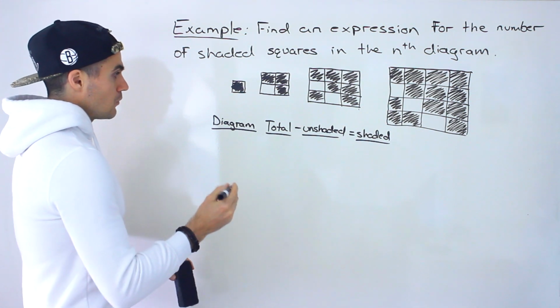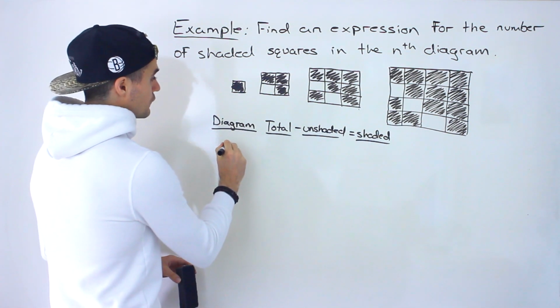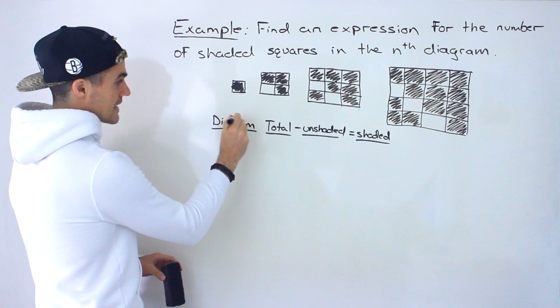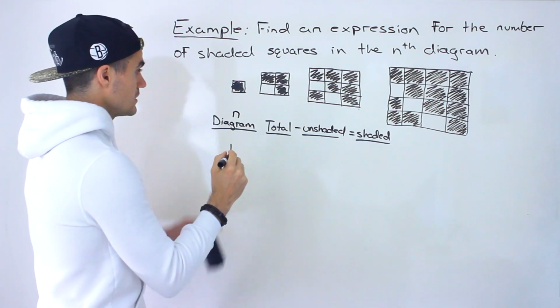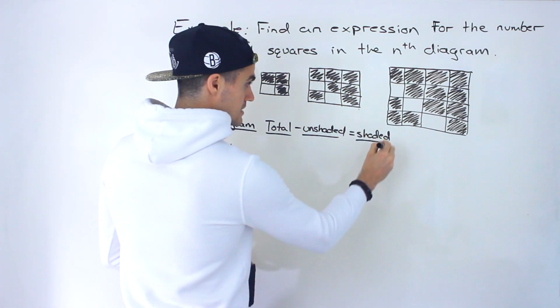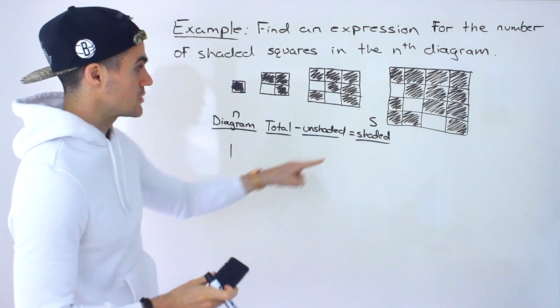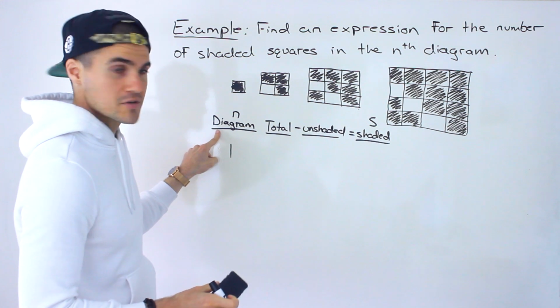So let's go through these one by one. Let's start with this first diagram. This diagram number is like our n value, and let's call this column our s value. So we're going to have to make an expression for s, the number of shaded regions, in terms of the diagram number.